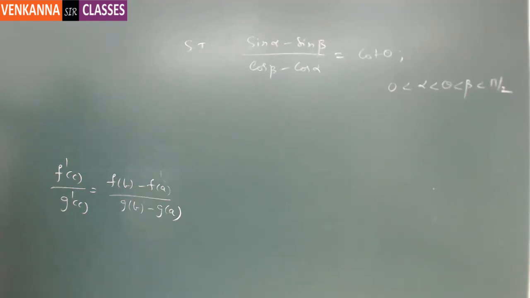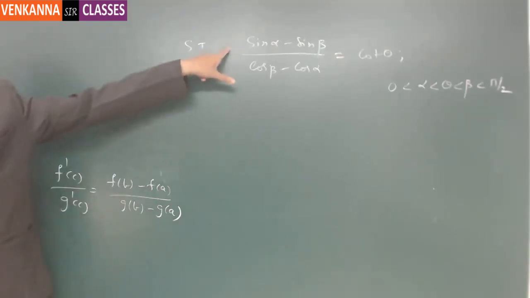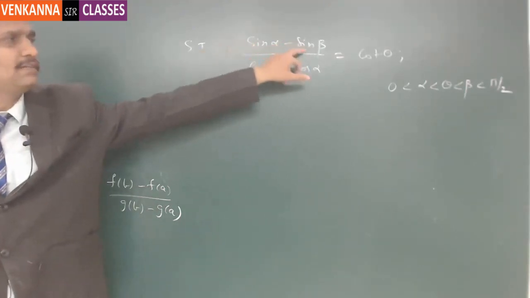here or not. So if that is so, what is the interval to be taken here as per the limit specified there? Can you tell? 0 less than alpha less than theta less than beta less than pi by 2. Actually, the functions are given in terms of alpha and beta, right?